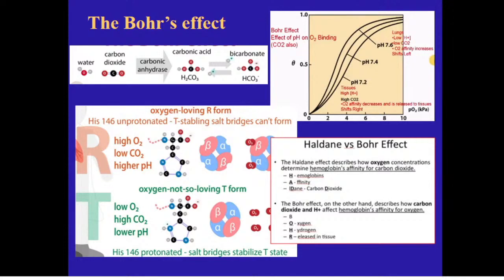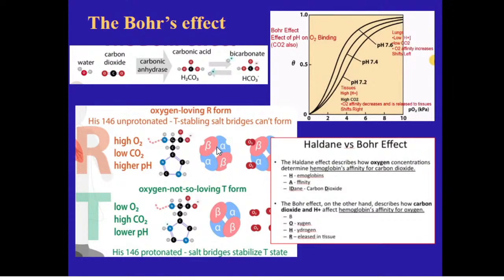So, the relaxed conformation of hemoglobin. This is the conformation at which oxygen can easily be bound to hemoglobin.